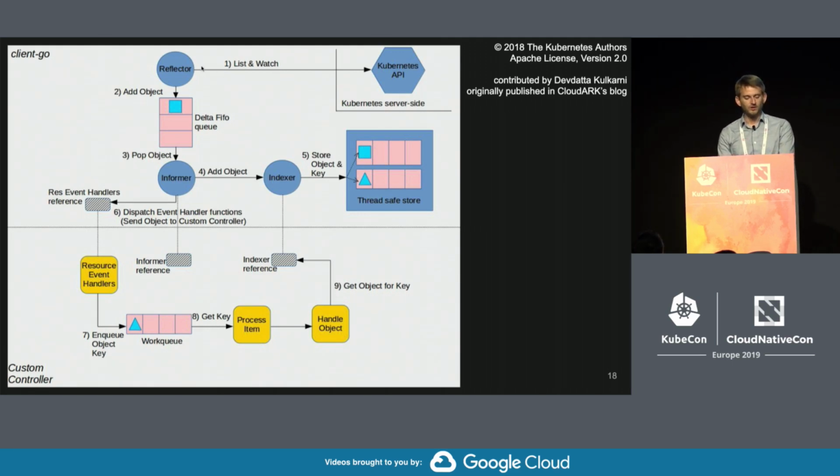The reflector just lists and watches objects from the Kubernetes API, and the informer listens to those changes and caches the objects using the indexer, so that all the gets and lists that you need to use in your code are optimized. They don't always call the API; they use the cache. And your controller can subscribe to changes, and that's what a controller does.